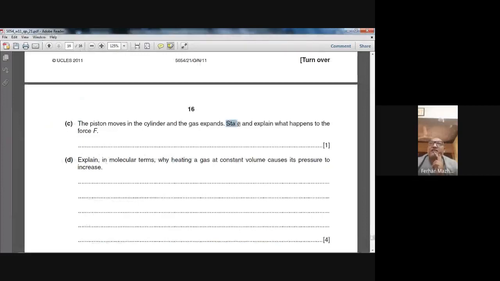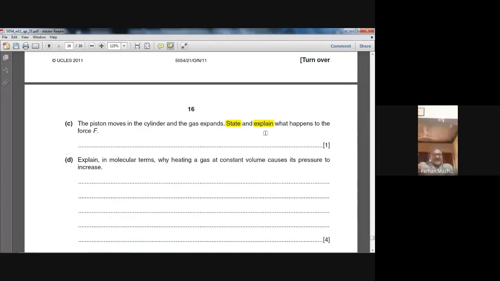State and explain. Although it's a one mark question, if you only state, it will not work. You have to state what will happen with the force, and you have to explain also why this will happen.